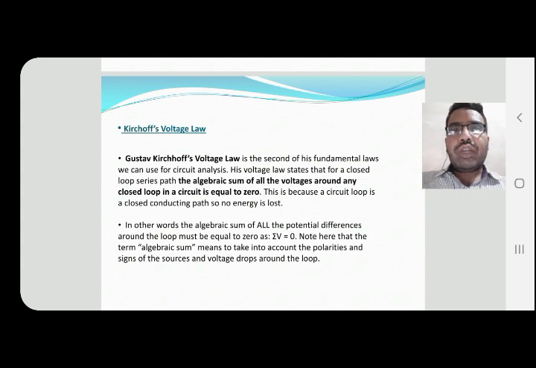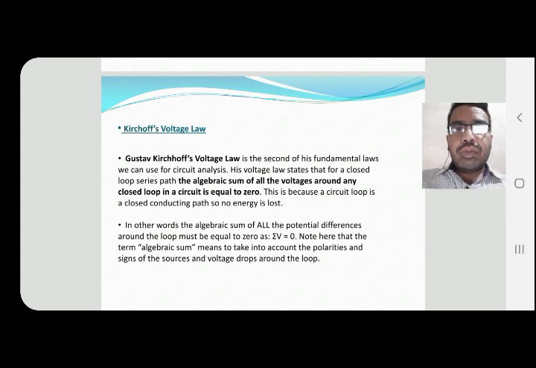Okay, so what Kirchhoff's voltage law says is that the algebraic sum of all the voltages around any closed loop in a circuit is equal to 0. In other words, the algebraic sum of all the potential differences. Potential difference and voltage are both the same, so you also call it electromotive force.